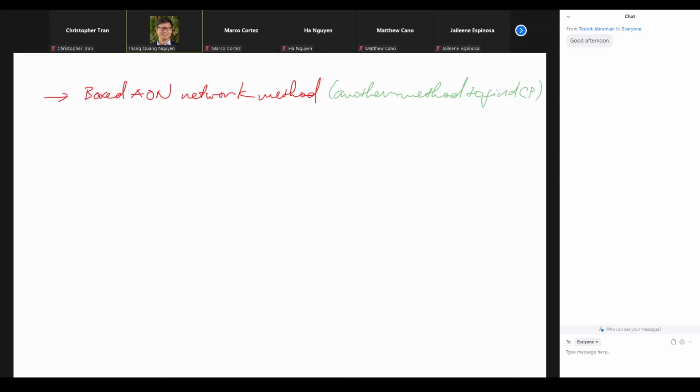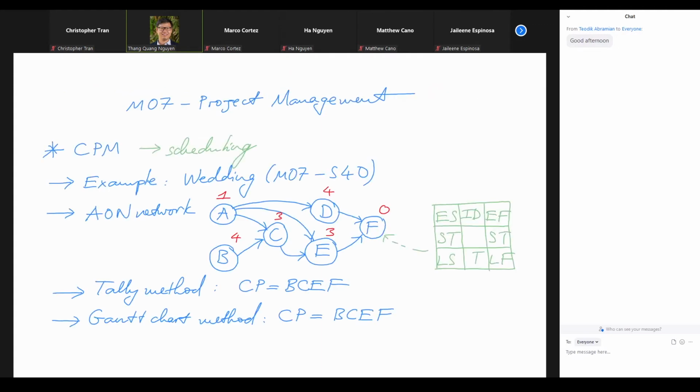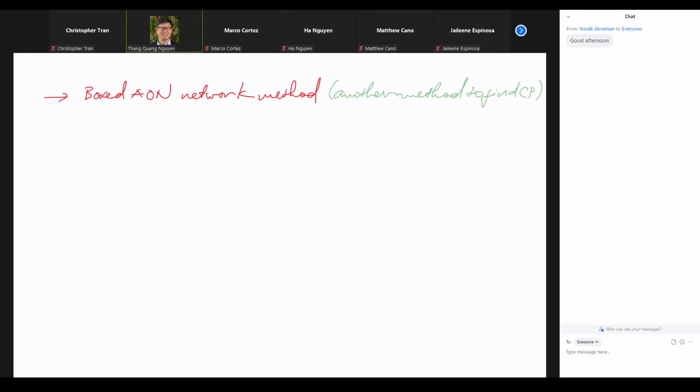Okay, so what I'm doing next is I would mimic the picture that we have here in the AON network, right? And now instead of the circles, we would draw the boxes. So let's draw the first box for A. It would look like the following. Instead of the circle, now we have the box for A. For B, we draw another box.